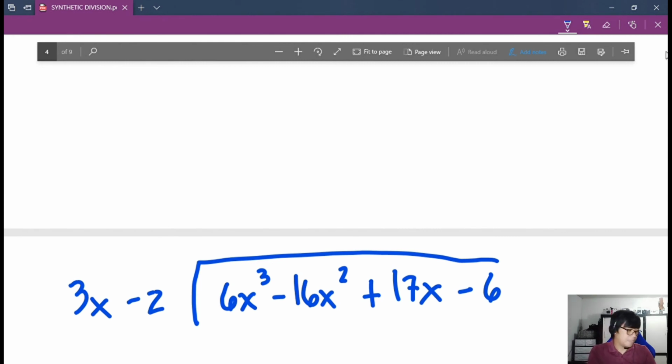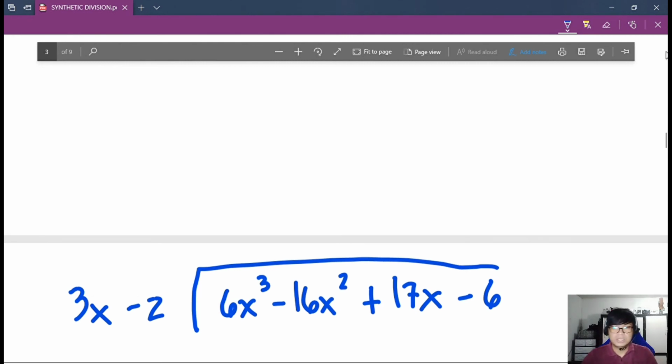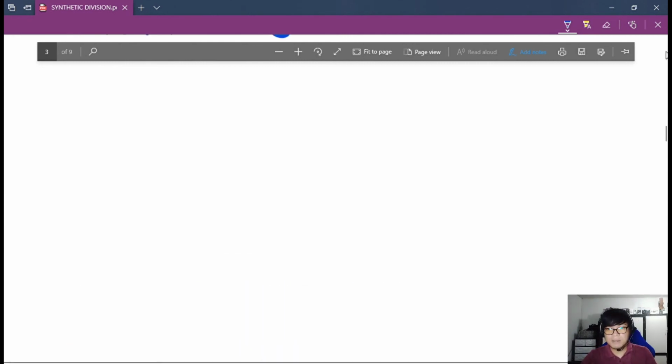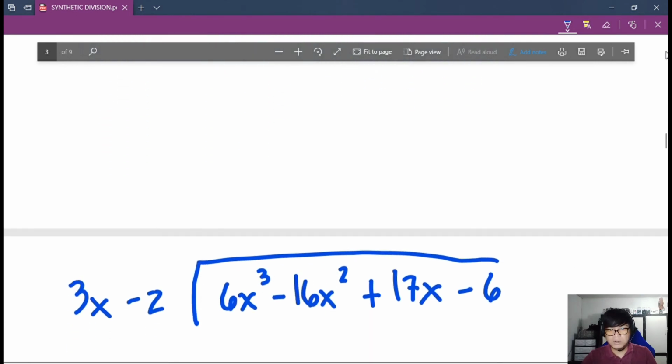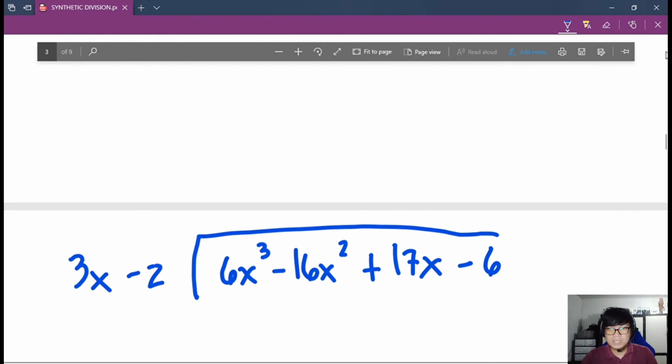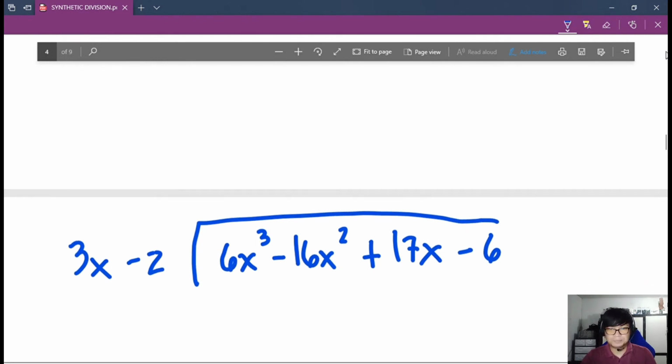So, yan. So, dapat mag-match. This is using the long division. Dapat mag-match yung sagot natin dito. Pag hindi siya mag-match, something is wrong with the process, with our answer.